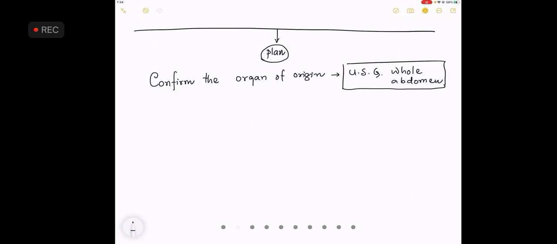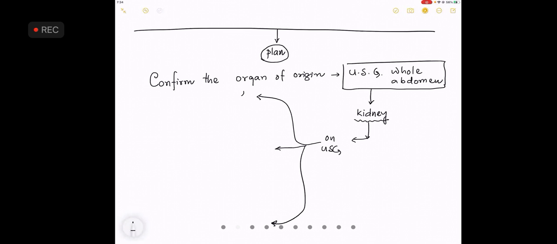Now, if this is the kidney, then ask on your ultrasound report, what is the finding? Your finding can be divided into three groups. This is what I will write for theory also.